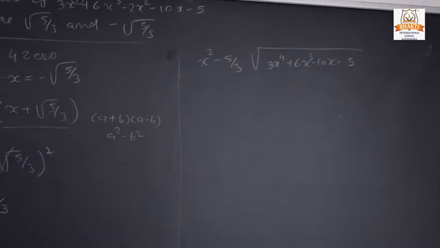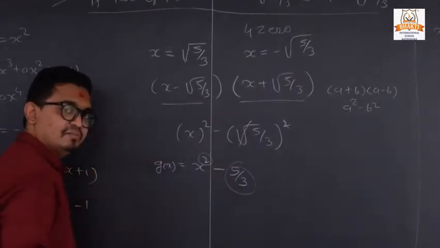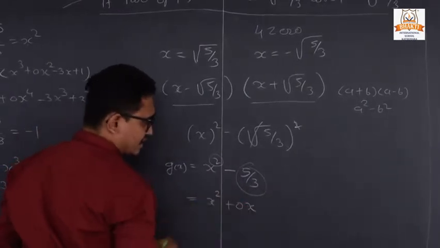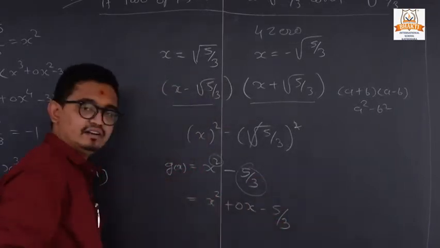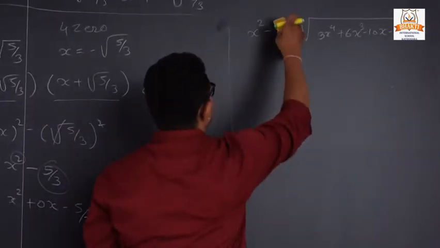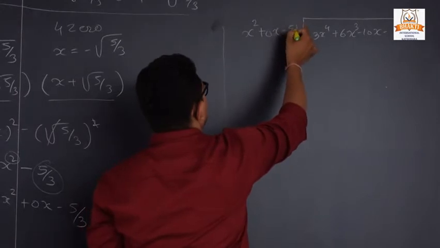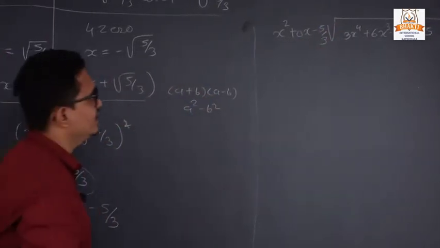Clear? And once again you can see that after power 2 comes directly the constant term, so we can also write it as x² + 0x − 5/3. So here we add 0x, plus 0x minus 5/3.